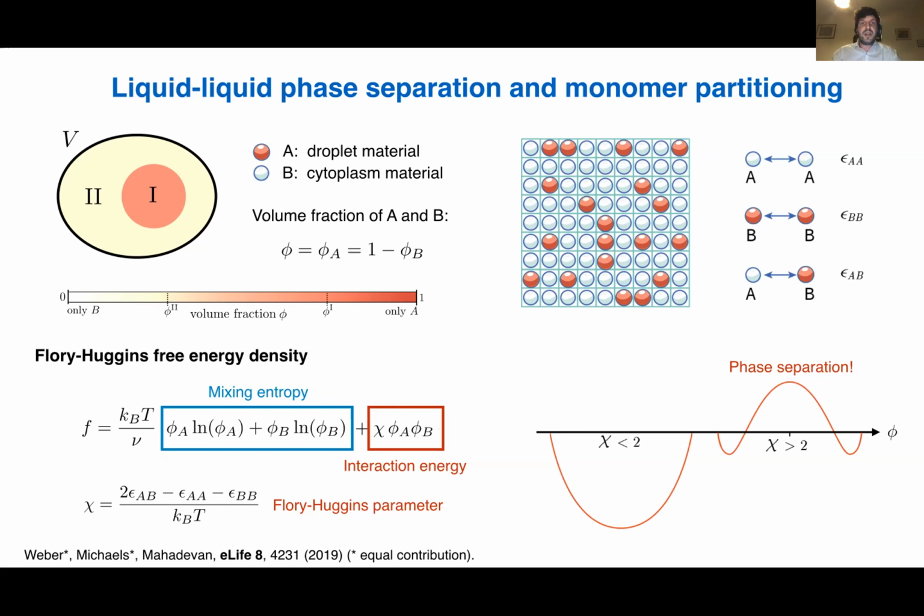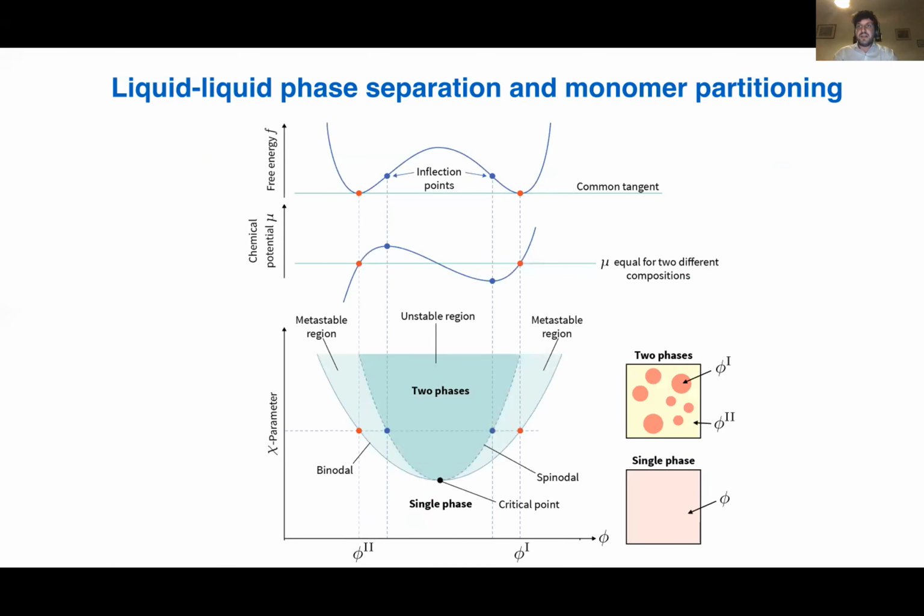And so typically, you capture this behavior in terms of a phase diagram, where you look, as a function of the chi parameter, at how the free energy looks and what are the regions of the free energy that are unstable. And so as you increase the chi parameter, you leave behind this kind of greenish region where you have phase separation. And if phase separation happens, the system will phase separate into two compartments, say an inside and an outside.